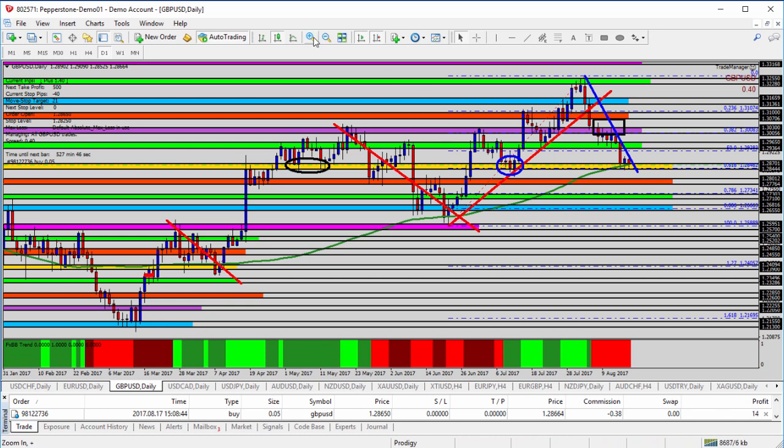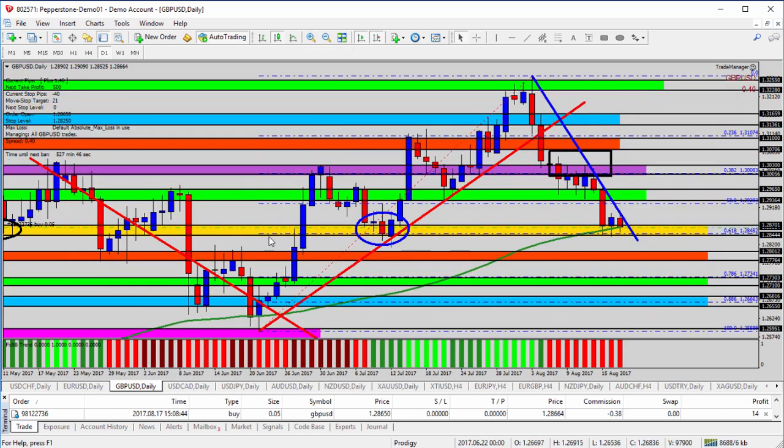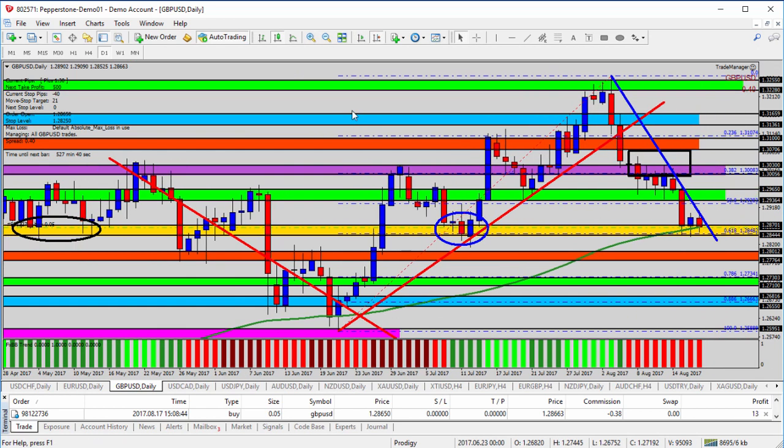Let's zoom in a little bit here on the daily time frame. I'll just scoot it over just a bit so we can see these two circles on the chart. There's obvious historical support around this yellow shaded area, 1.2845 to 1.2870. You can see the last time we were here, the blue circle, 1, 2, 3, 4, 5 days found support, and then eventually returned to the uptrend.